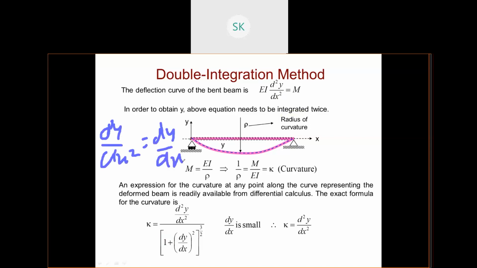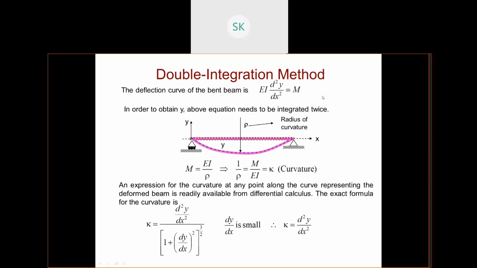And what is dy by dx? It is our theta. Again, if I integrate this, I'll get y, which is our deflection. So just be clear about this. In order to obtain y, the above equation needs to be integrated twice to get the deflection, and this equation needs to be integrated once to get the slope.